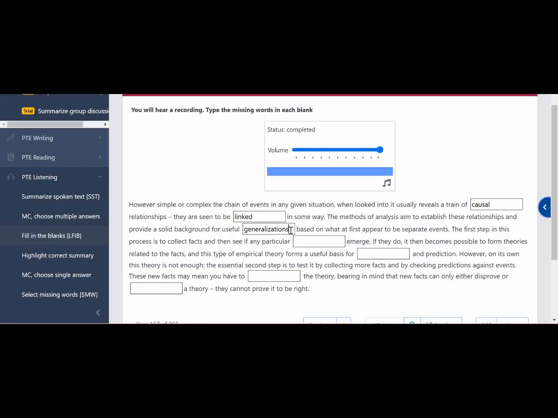So I am writing with the help of Z. Next is patterns, any particular patterns. Next one is analysis. To modify, because with to we use first form of verb. Then support. So support means to support a theory, not sport, S-U-P-P-O-R-T.